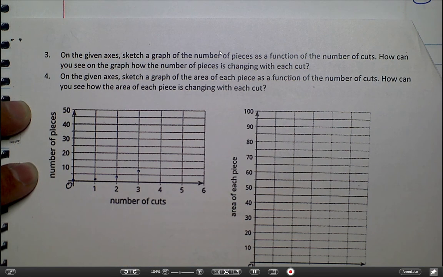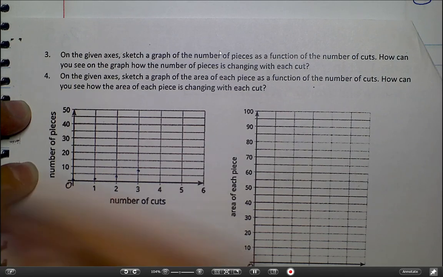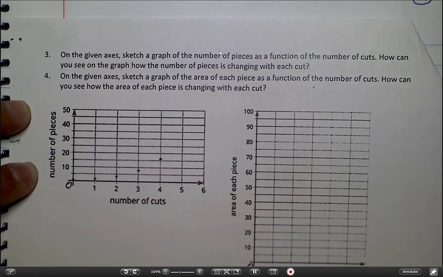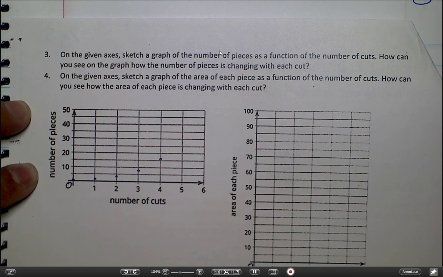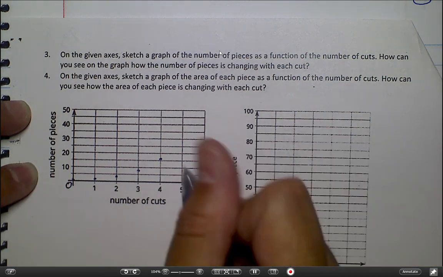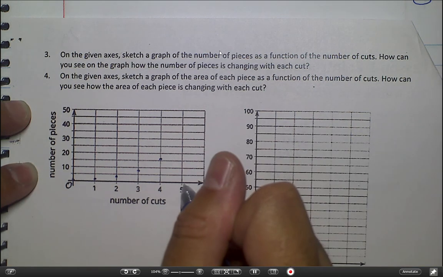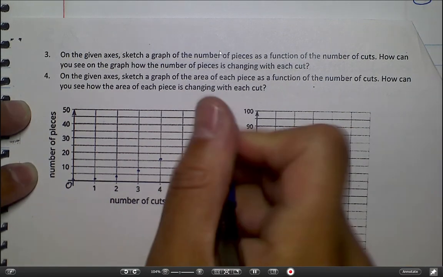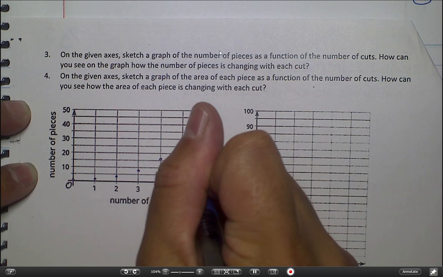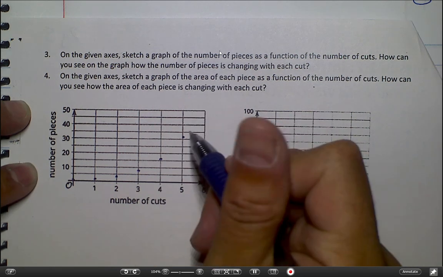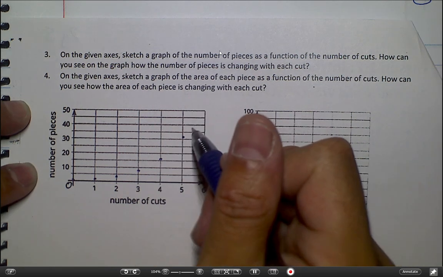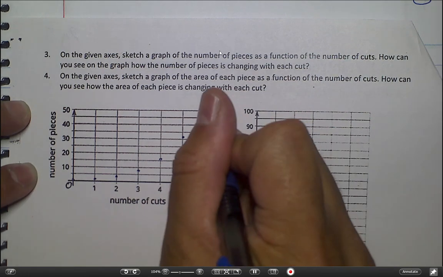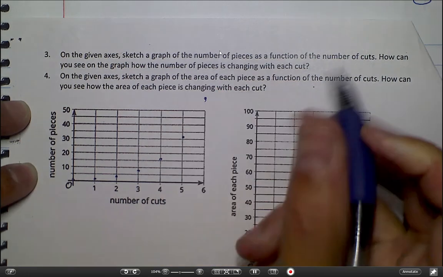4 cuts is 16. So 16 should be right about there. 5 cuts is 32. And 6 was, it's off my graph, isn't it? It's way up here.